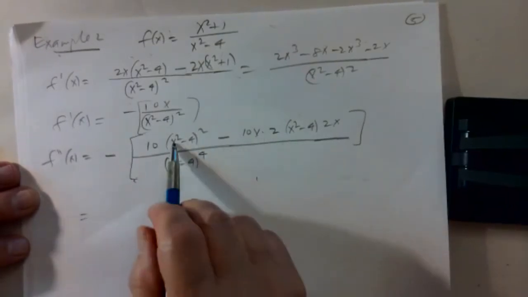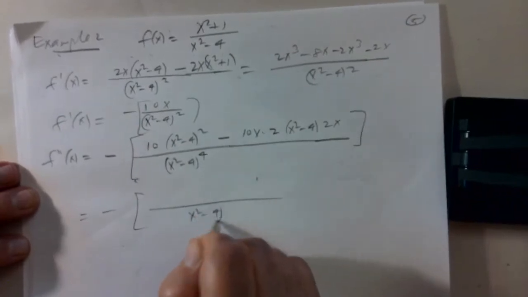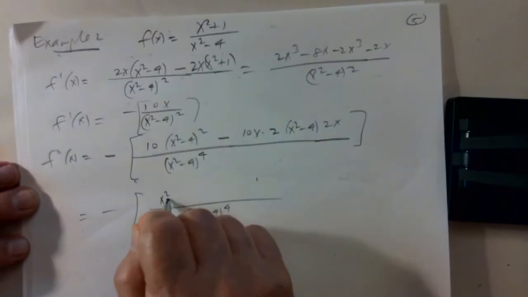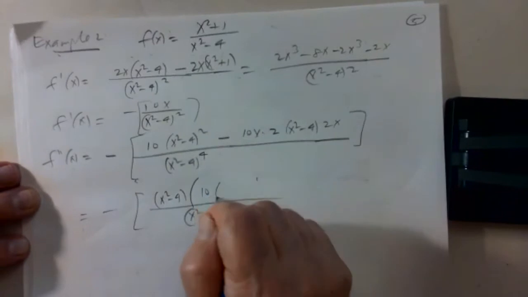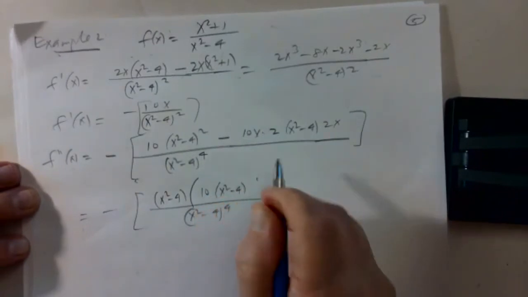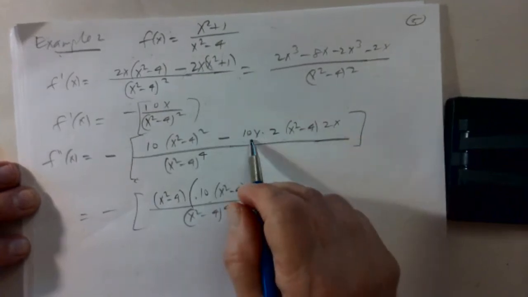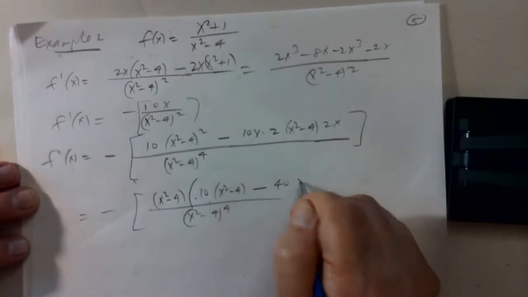I can factor an x squared minus 4 out of the numerator. I get x squared minus 4 times what? I have 10 times x squared minus 4. 2 times 2 is 4, times 10 is 40, minus 40x squared.